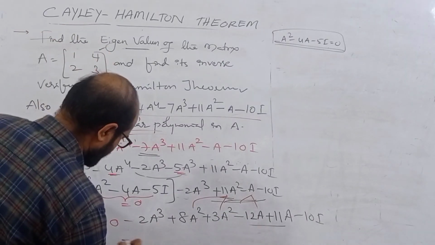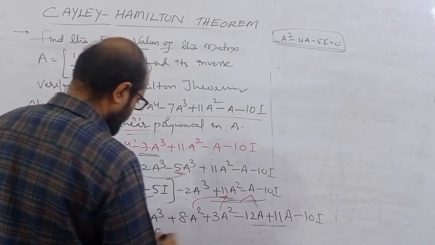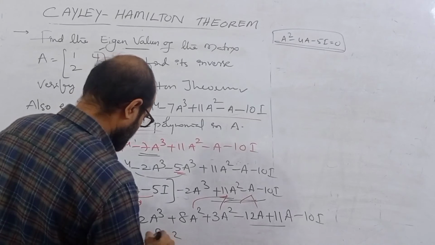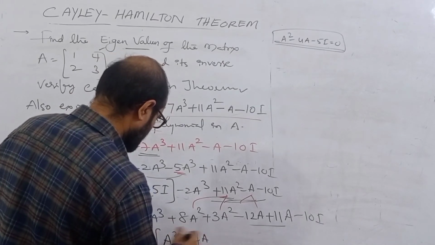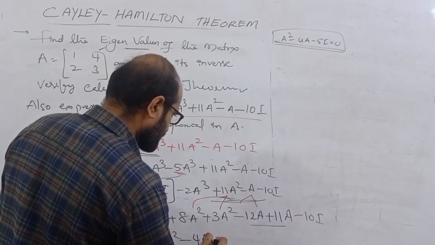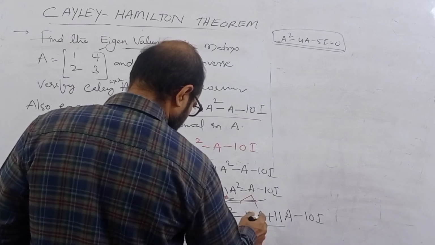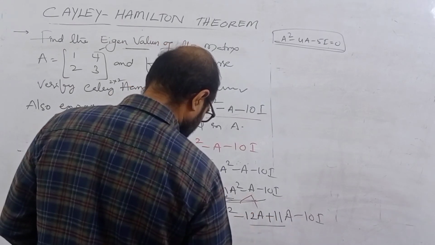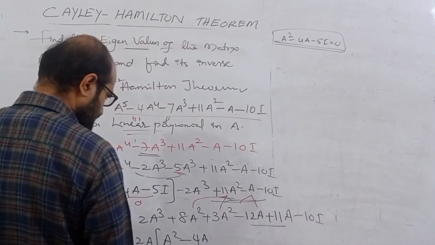Again I will take minus 2A common. Which is useful, from this I can write. Otherwise, 11 minus 10, I will write otherwise.